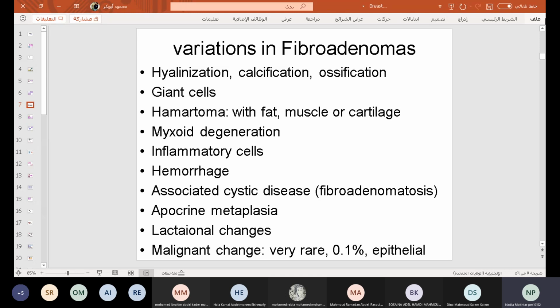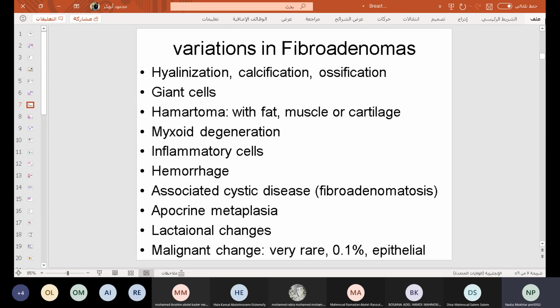Hyalinization, calcification, ossification لحد ما تبقى عظمة حتى. يبتدي يحصل فيها giant cell reaction, maybe foreign body giant cell reaction, or it can incorporate some fat, muscle, or cartilage tissue. Sometimes it undergoes myxoid degeneration or becomes secondary infected. You see inflammatory cells, or may be traumatized and cause intratumoral hemorrhage, still benign. أو ممكن يحصل فيها cystic change.